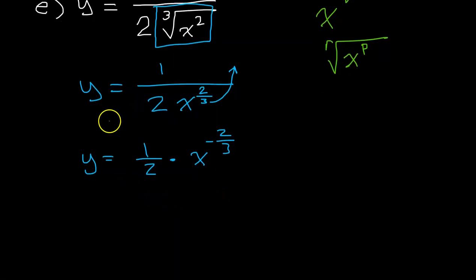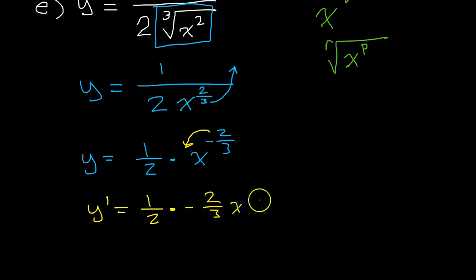So now I can use my rules. Y prime is going to equal, first I leave the 1/2 alone. Now I'm going to use the power rule by taking the exponent and putting that into the front. So that's going to give me negative 2/3 x.